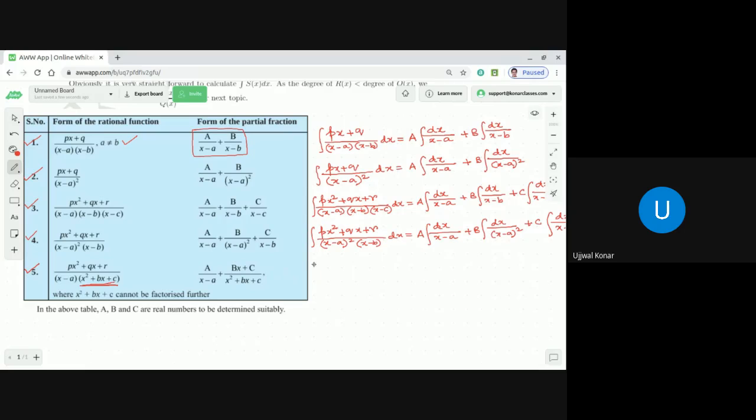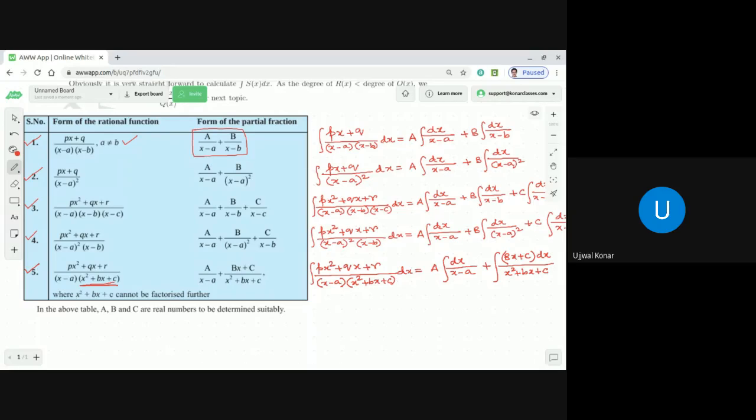Okay. So then what will be our integration? Integration of px square plus qx plus r divided by x minus a into x square plus bx plus c dx is equal to capital A we take outside, integration dx by x minus a plus integration of bx plus c dx divided by x square plus bx plus c.